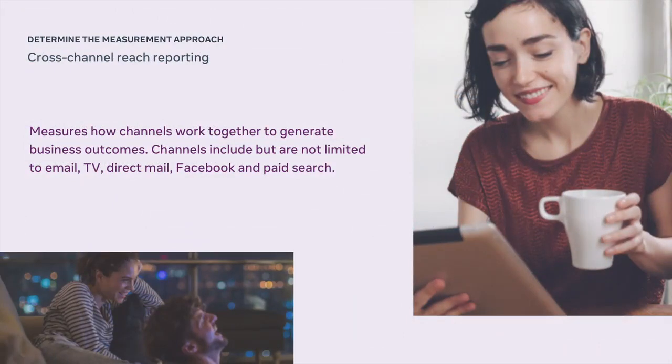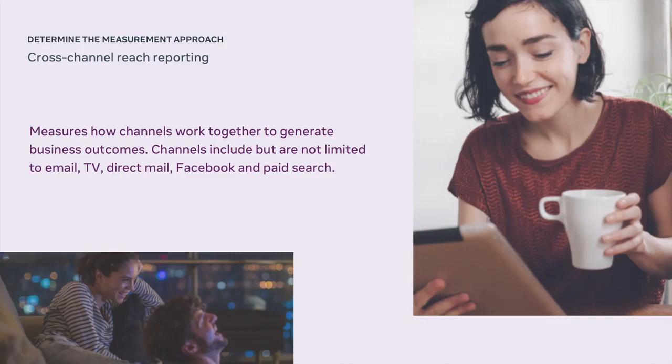Let's look at our first measurement approach, cross-channel reach reporting. Cross-channel reach reporting measures how different channels work together to generate business outcomes. Channels include, but are not limited to, email, TV, direct mail, Facebook, and paid search.